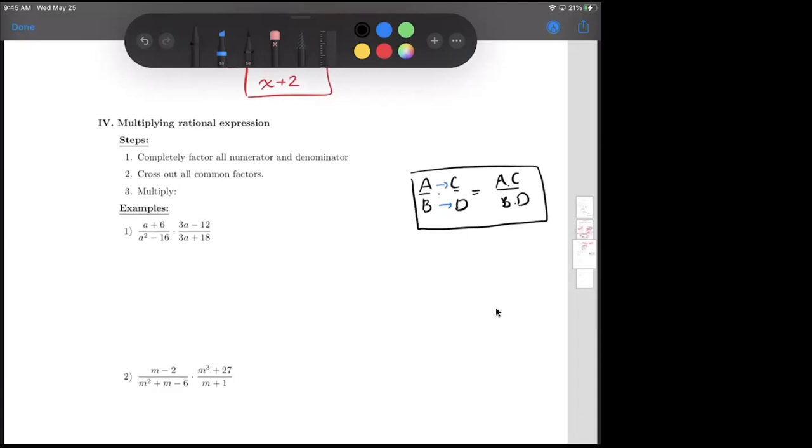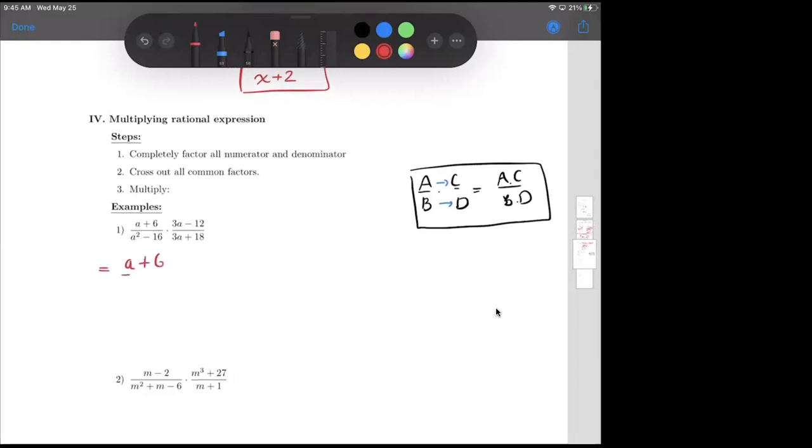Okay, so here, before I multiply, I'm going to simplify first, because that's the first step. A plus 6, nothing I can do about A plus 6, so leave it alone. What about A squared minus 16? I'm going to do little bullet points.